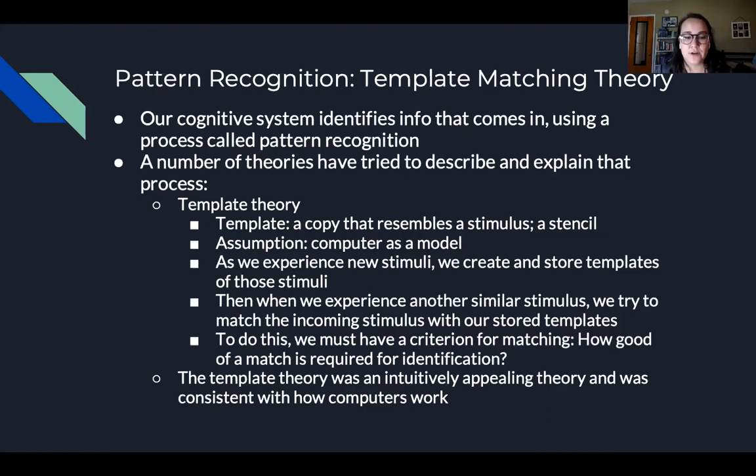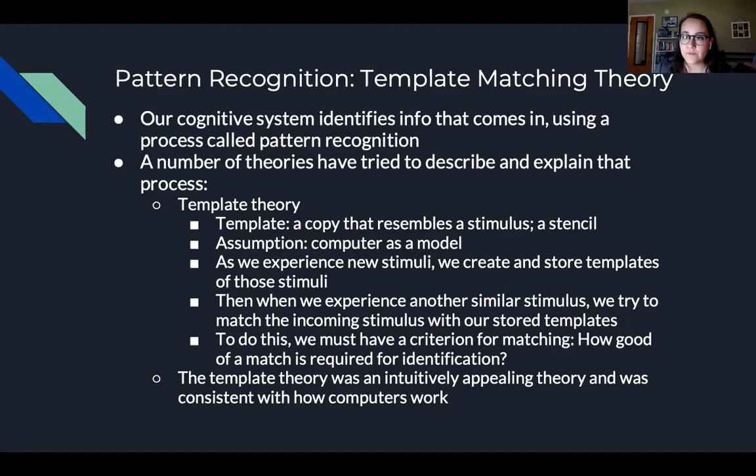The first theory, or category of theories, is called template matching. Originally, cognitive researchers thought that this template matching idea was what accounted for the identification process for the sensory information that we get.